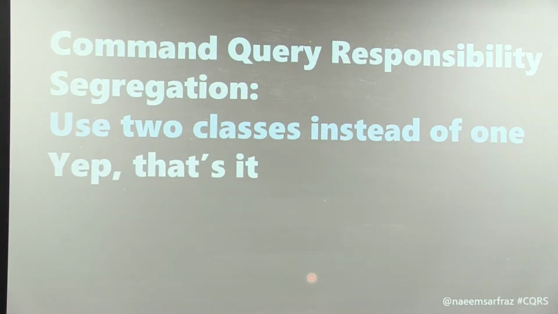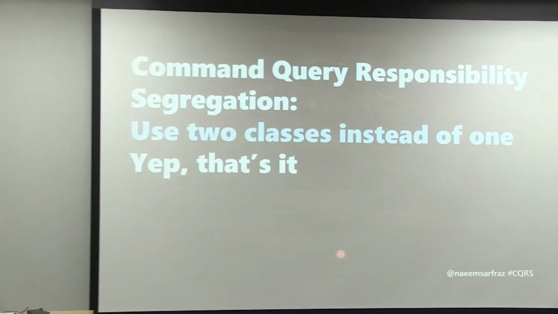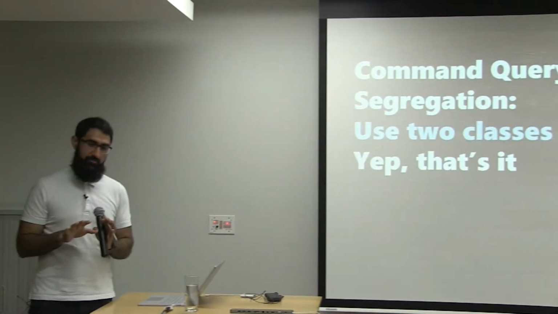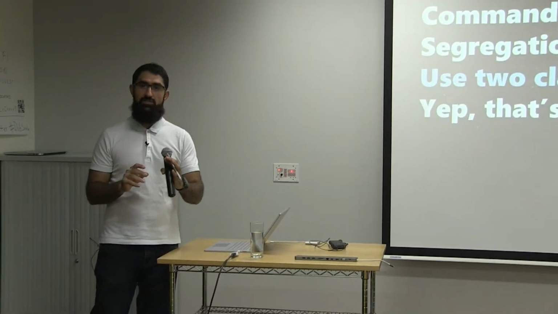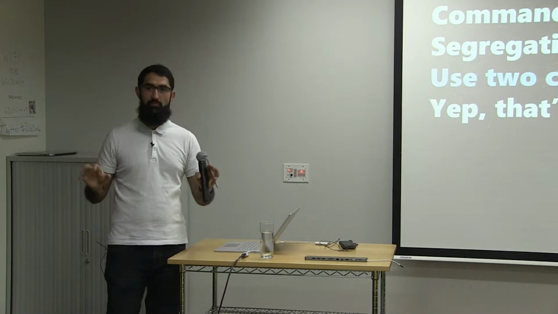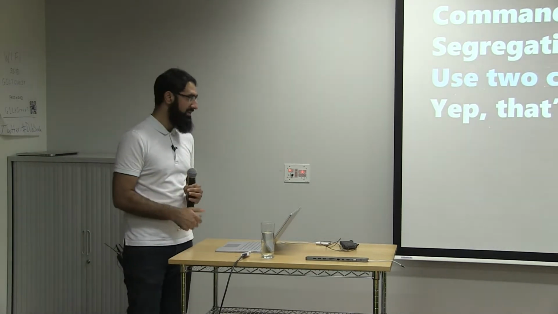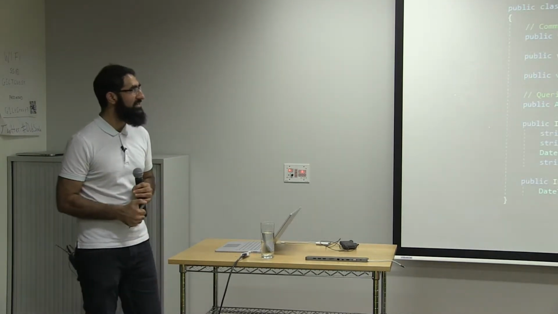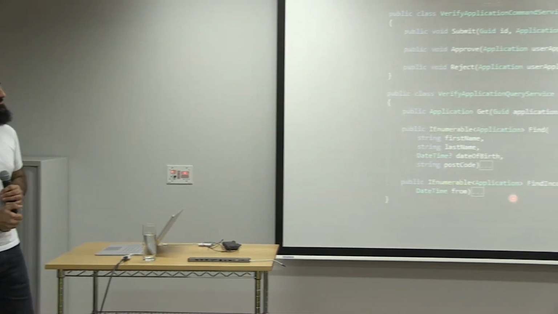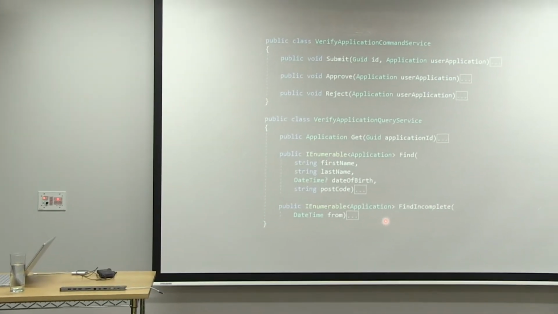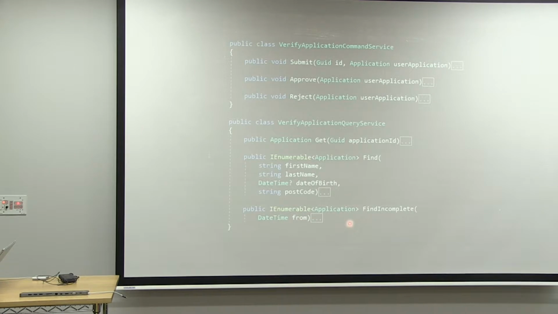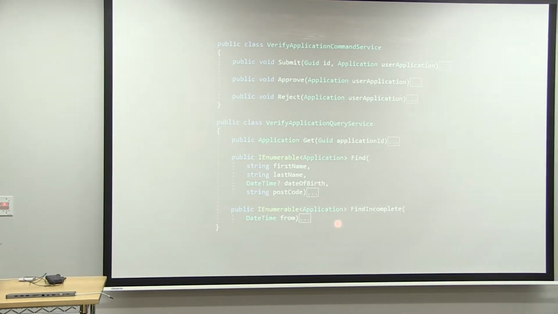CQRS, even simpler, is to say that these two types of functions, let's host them separately. So in my example here, I've now split them into two different classes. And in its essence, it really is just that. Just separating out these functions.